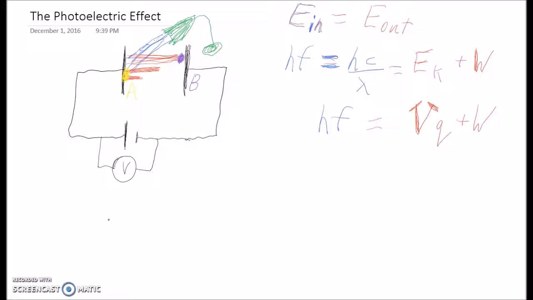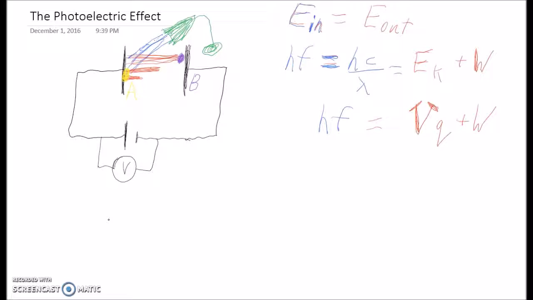This is why we can start doing all of those calculations with this scenario: we can measure this voltage at the bottom and put it into our equation.